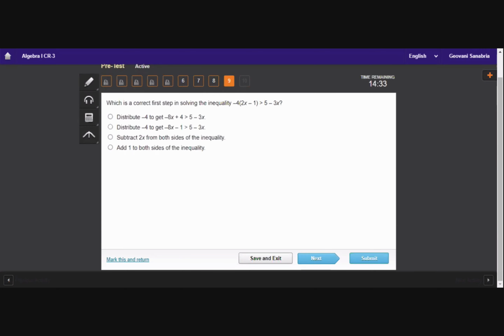These ones you have to solve every one. Well, maybe this one, it's just asking for the first step. Oh, okay. Yeah, you would distribute the 4.